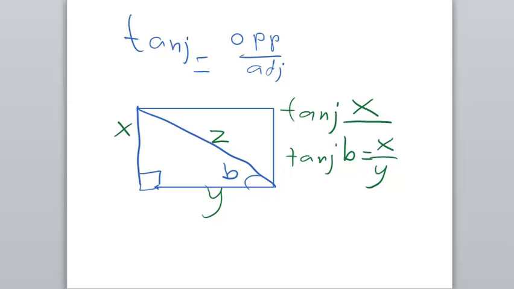Now let's move on to cotangent. The thing you should remember about sine and cosine, tangent and cotangent, secant and cosecant is that they are opposite each other.